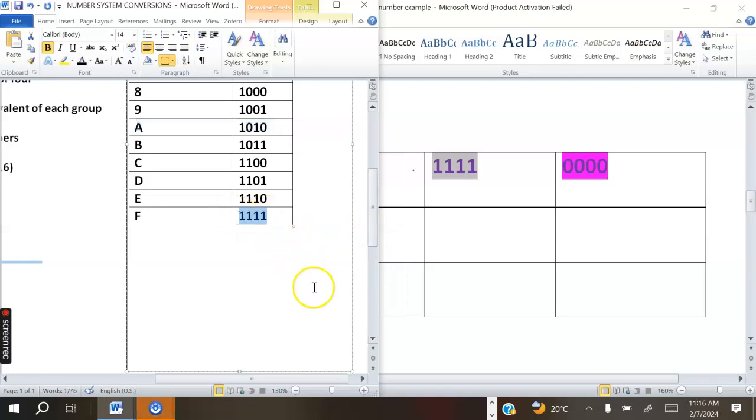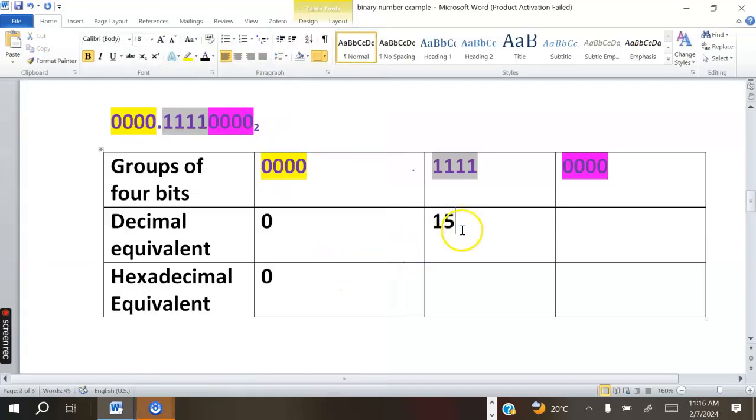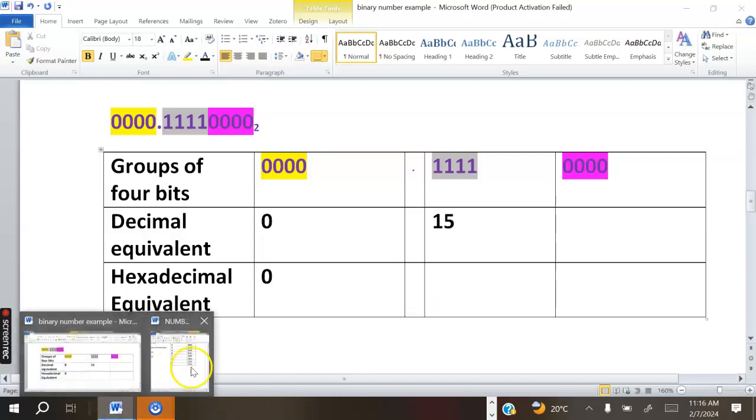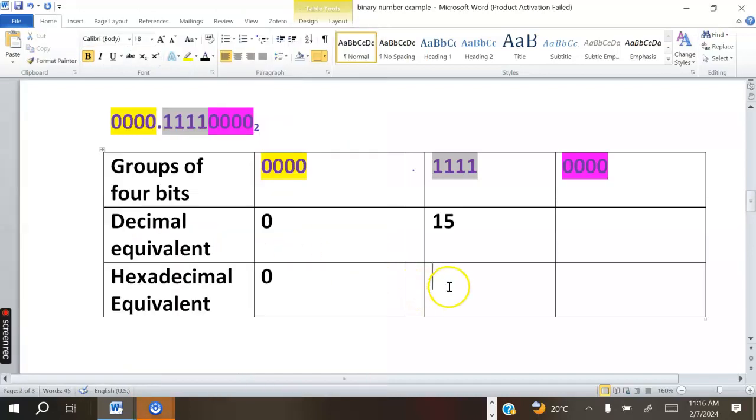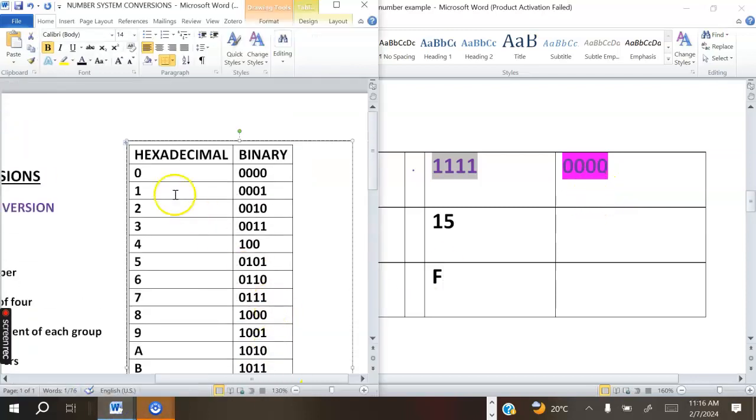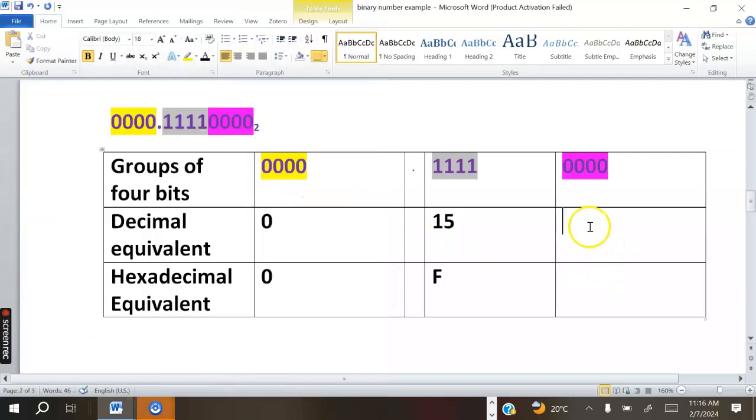This is our 1111, which is equivalent to 15. And as you can see from my table, 1111 is equivalent to F. Then this one we have the 0000, which is as usual supposed to give us 0.